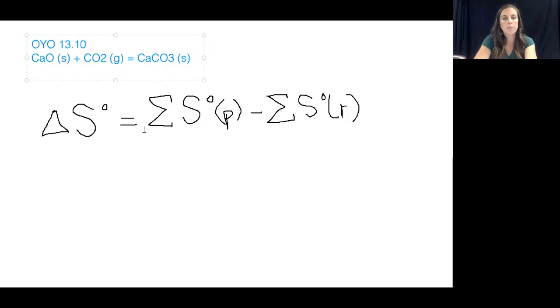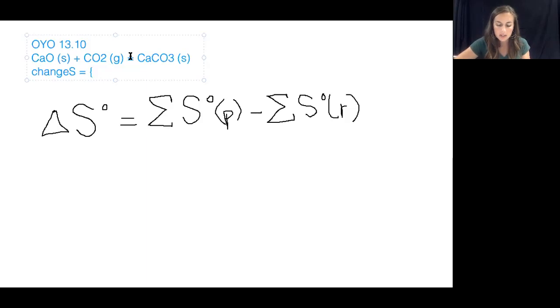I'm using this equation, so I'm going to say ΔS° is equal to the sum, so let me do a bracket, of my products, which I only have one of. So I'm looking on table 13.4 for the value of entropy for CaCO3 in the solid form.